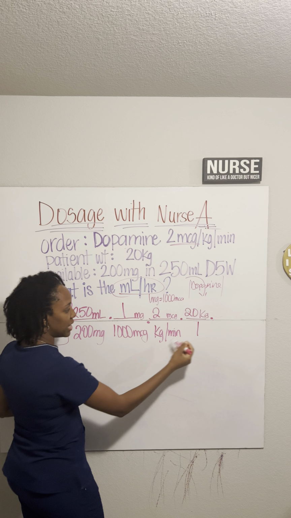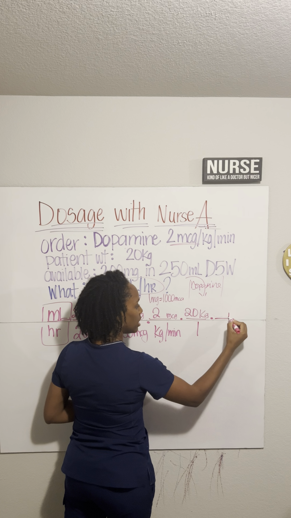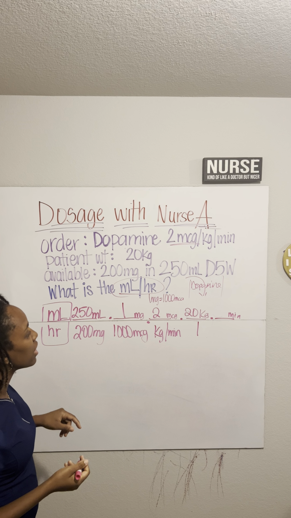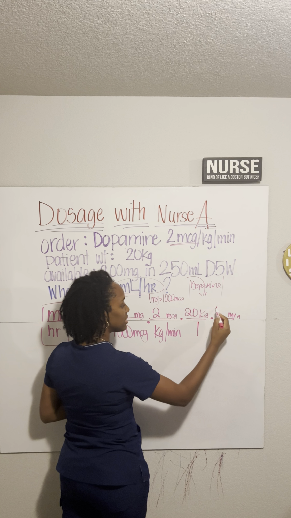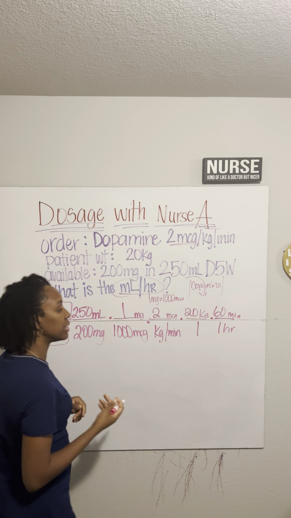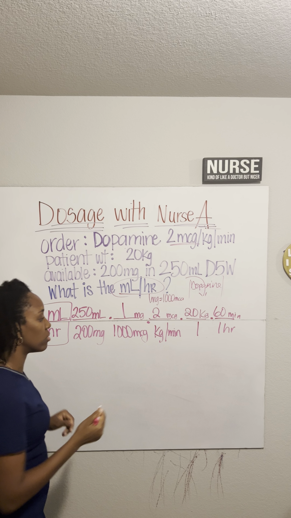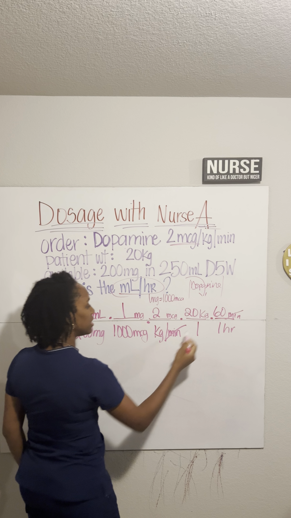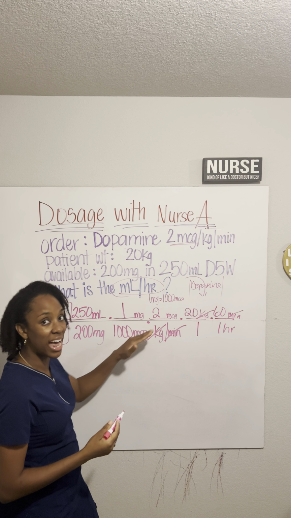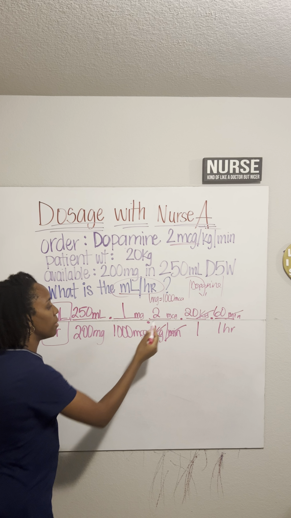Now we need to do our minutes. We have minutes on the bottom, so we know we need minutes on top. And in our problem here, we know that 60 minutes equals to 1 hour, all right? Now let's start to cross out minutes with minutes, kilograms with kilograms, and you can only cross out diagonally, all right?